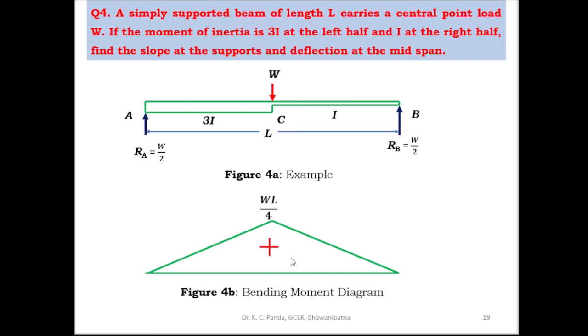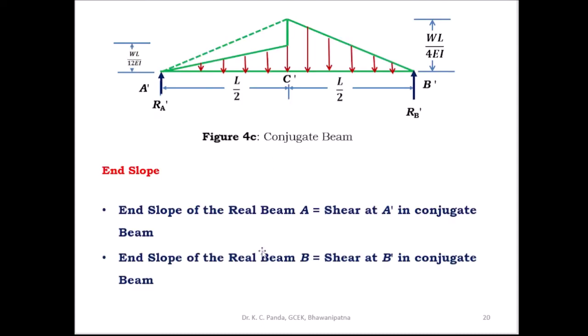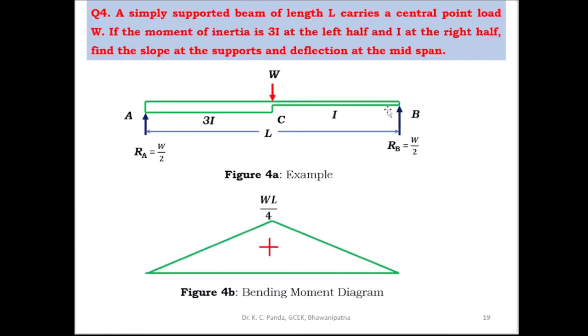Then the next step, you have to draw the M by I diagram, and that M by I diagram is the loading for the conjugate beam. So this side the moment of inertia is given I, and this side the moment of inertia is given 3I. Here the bending moment is WL by 4. So for this side you have to take WL by 4EI, and for this side you have to take WL by 4 into 3EI, that is 12 into EI.